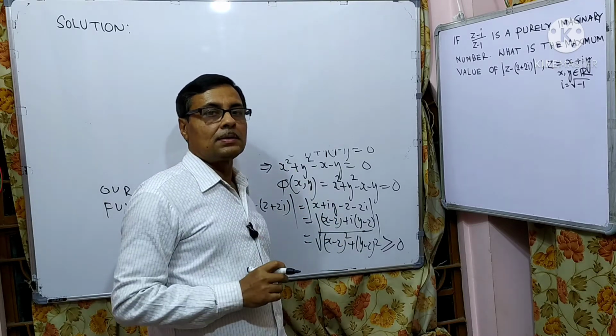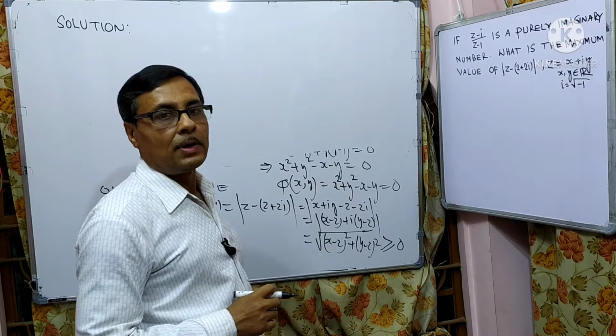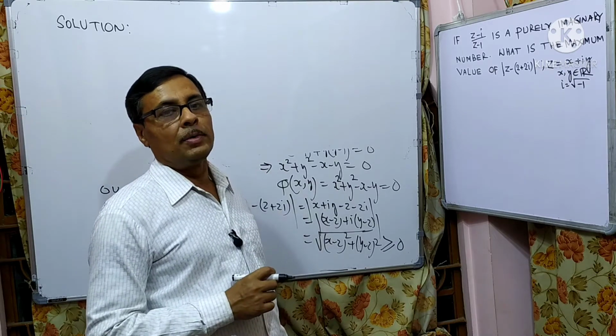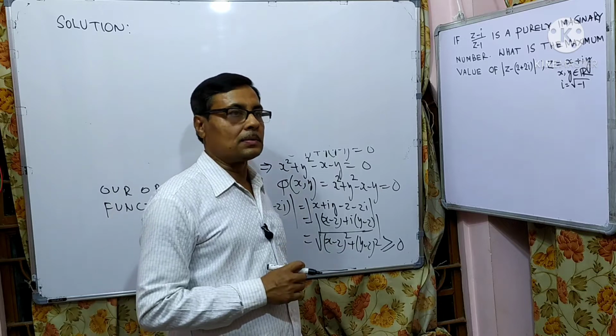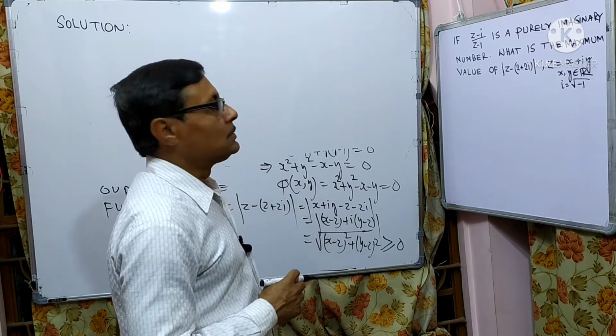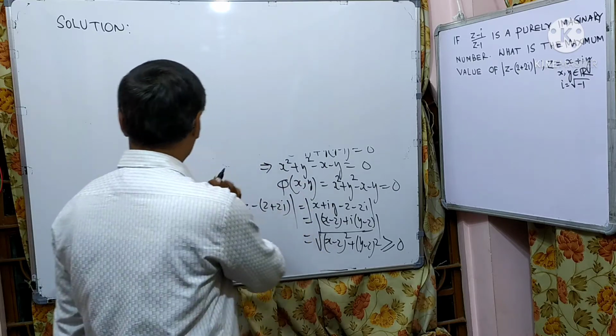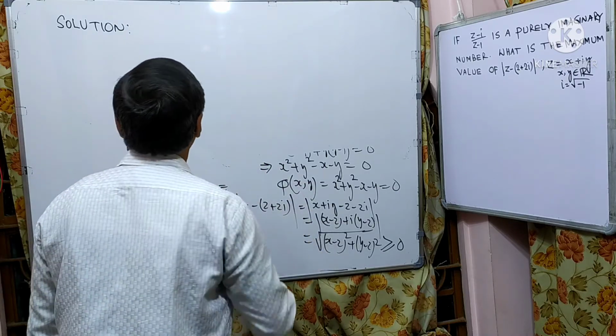This is the easiest way to maximize a function of several variables, so we use the method of Lagrange multiplier to maximize this function.